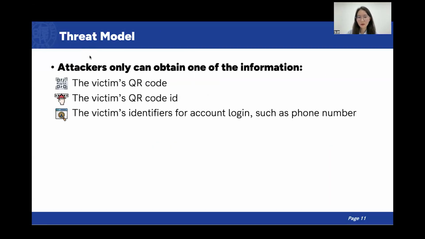Now that we understand the workflow, let's define our threat model. In our analysis, we assume the attacker doesn't control the victim's device, like what we said before. Instead, we focus on attackers who get limited information, like the victim's QR code on the screen or the QR ID encoded in that code by ways like brute forcing, or the victim's account identifier like a phone number. These are all realistic attack surfaces in the wild.